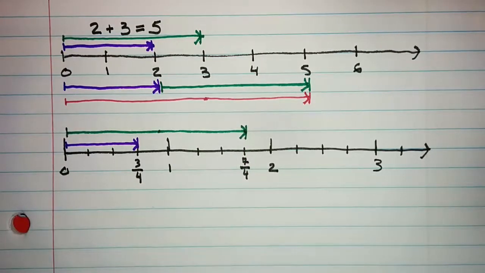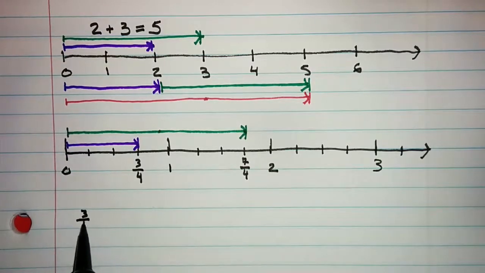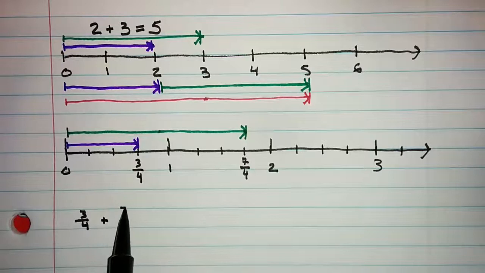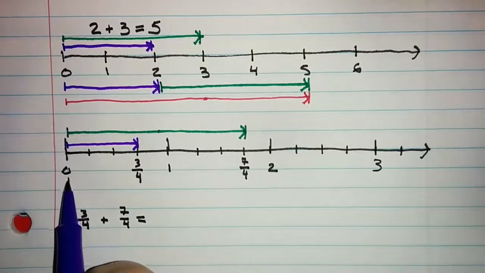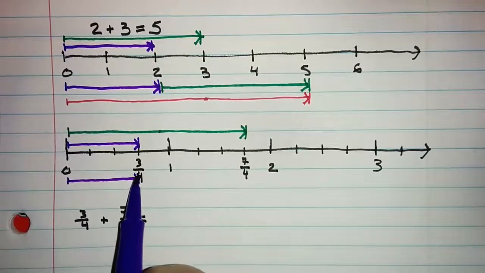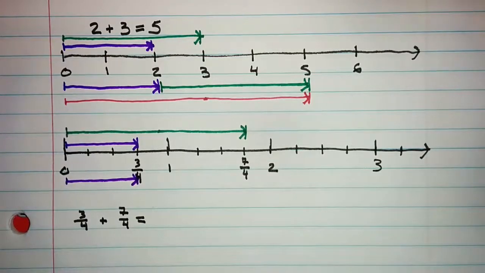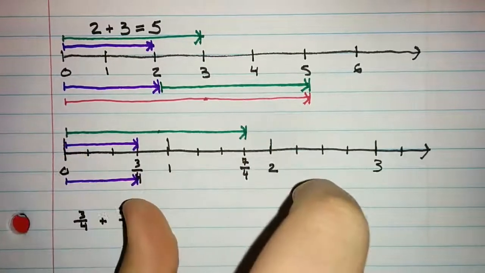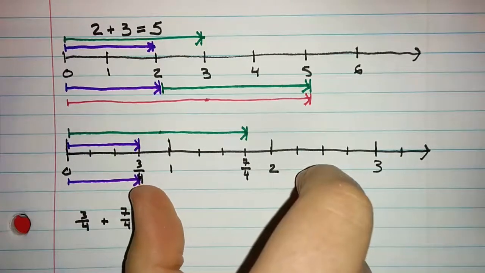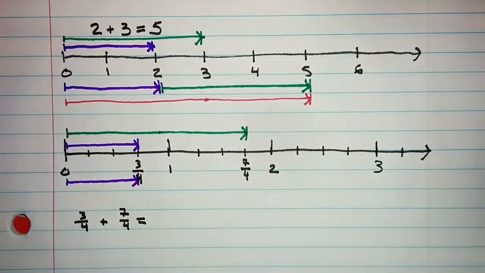How then do we understand the sum 3/4 plus 7/4? Well, we take the line segment 3/4 and then we pick up the line segment 7/4 and set it on the end.